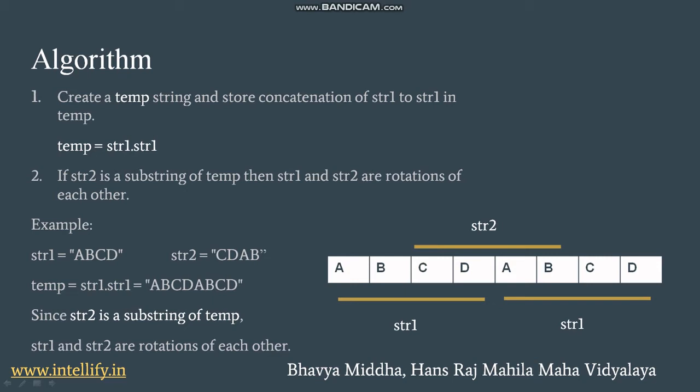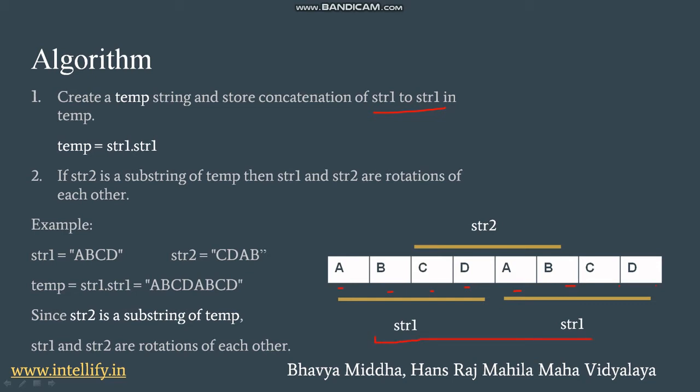Let us consider that our string 1 is abcd and the string 2 is cdab. What we do in the temp string is concatenate str1 to str1. So my str1 is a, b, c, d. I concatenate it to a, b, c and d. Then I check if the string 2, that is CDAB, lies in this temp string.